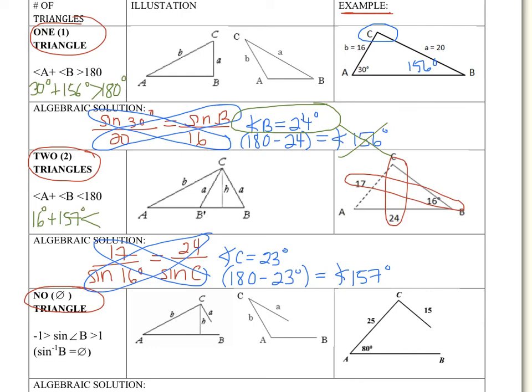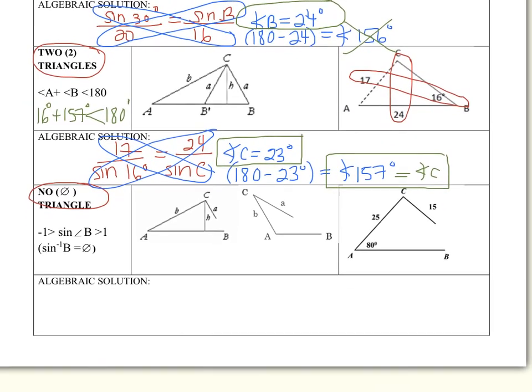Actually, they don't add up to 180. They're just shy of 180, which means that it's possible to have enough degrees left over to come up with a measurement for angle C. So when I looked at these measurements, I found that there was plenty of space to still have angle C. So my two answers are, I could have one triangle where angle C equals 23 degrees, or I could have another triangle where angle C was equal to 157 degrees.